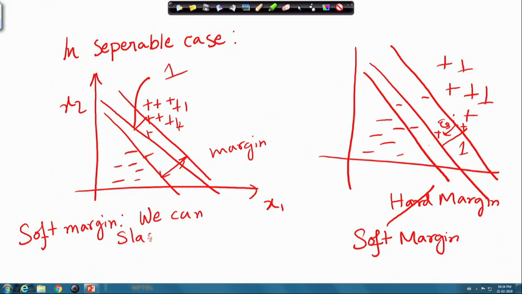Slack by some xi i. Let me properly write it. Xi i, allow slack.